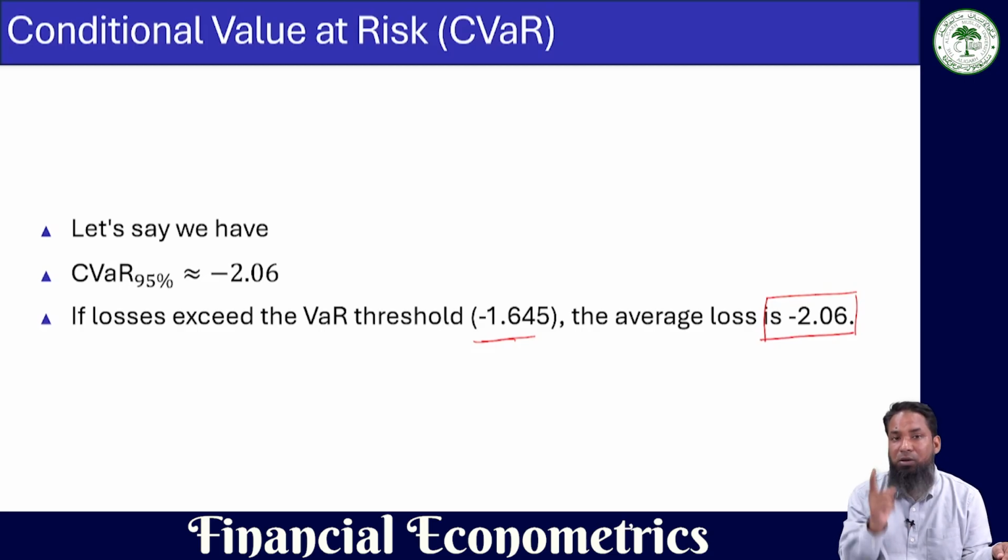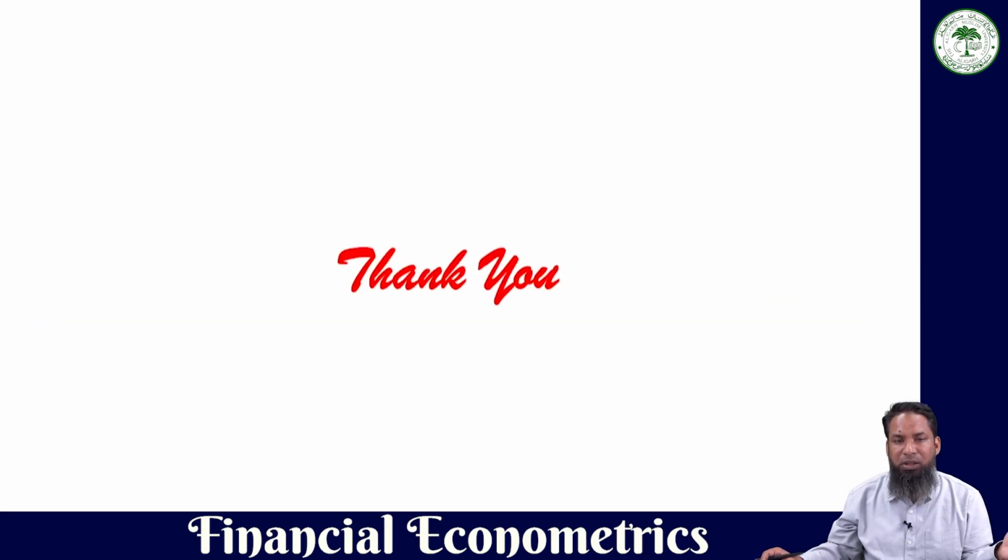If the loss crosses that threshold, then what could be the possible loss? So we have the value at risk threshold. If it exceeds that, then the chance is we will lose 2.06 crores, if it is in crore terms.